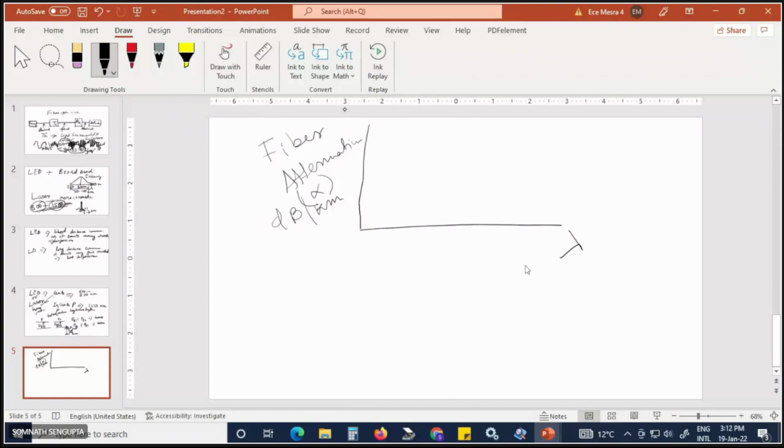It is seen that this kind of graph is there. Here also some peaks are there. This is a loss graph, this is a loss curve.